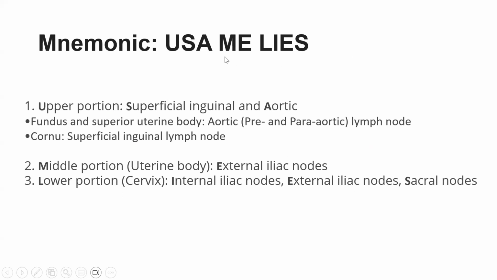U stands for upper portion of the uterine body. It goes to aortic lymph nodes predominantly. Fundus and superior anterior body go to aortic lymph nodes, while the cornu drains into the superficial inguinal lymph nodes. So upper, superficial and aortic, right?